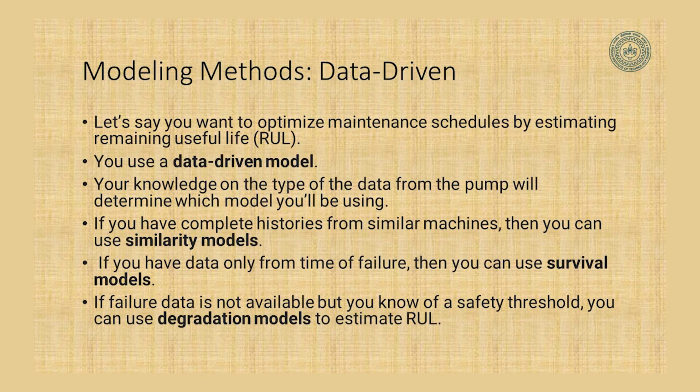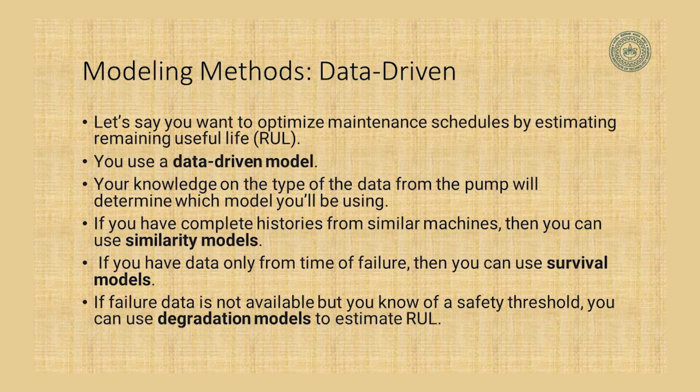Let us say the flow rate is 10 meters per second. But you know that when the flow rate is less than 9.5, then that means the pump is not working that well. So, that is your safety threshold. Below 9.5, we know that the pump is not working very well. So, you may not have failure data, but you have a safety threshold, then you can use a degradation model.